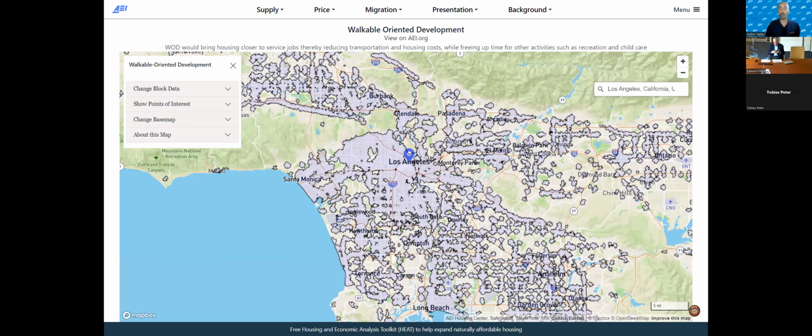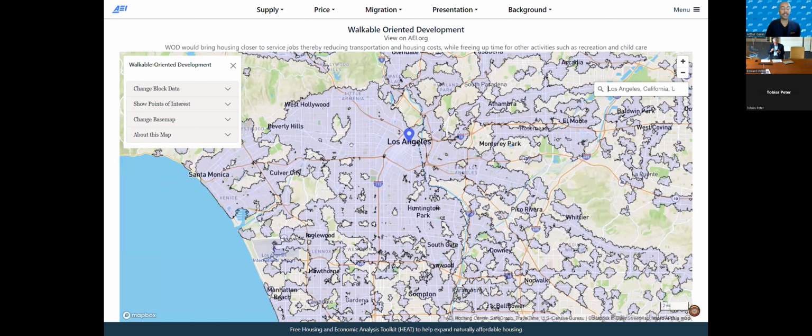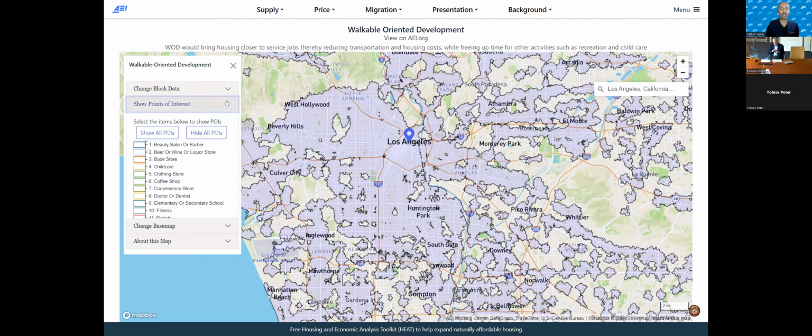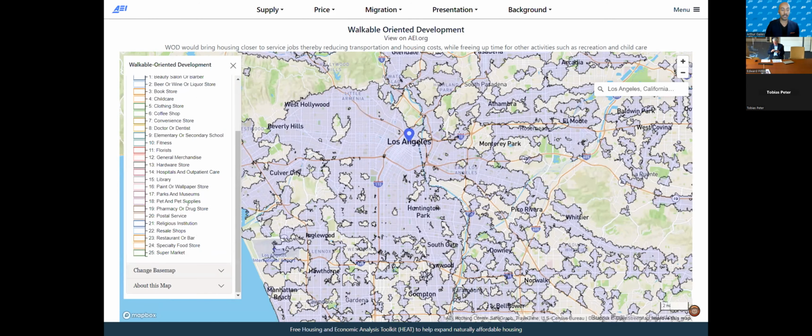These are our Walkable Oriented Development boundaries. And to define that, those are areas that are within a 10-minute walk of at least 6 of a set of amenities. Those amenities include grocery stores, restaurants, hardware stores, pharmacies, and supermarkets.